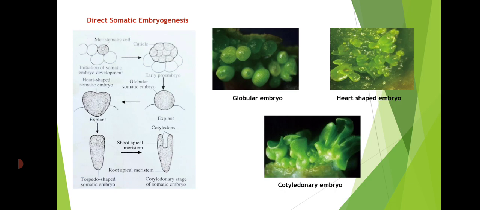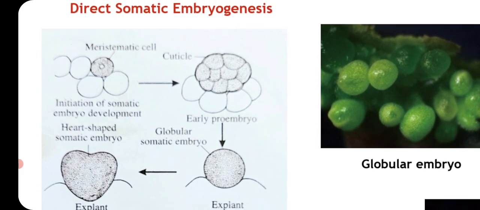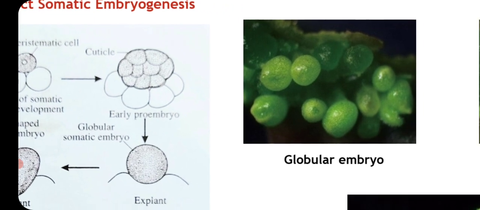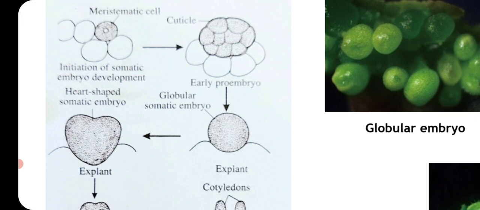Repeated cell division results in a group of cells which directly develop into an organized structure called globular cells. Here we can see the initiation of somatic embryo development. First we can see the parenchyma, meristem-like tissue organization, and it will form a globular or shaped pro-embryo stage.